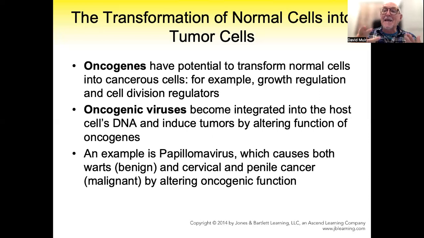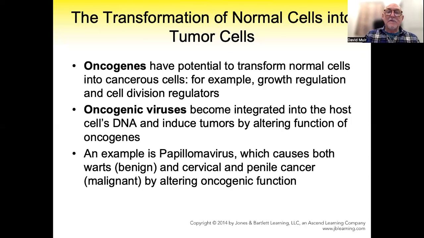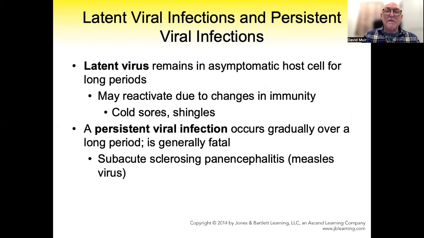So the genes actually become rogue genes, and the cell loses control of its division and growth functions. And that is almost by definition what a cancer is. Sorry, I've done that twice.